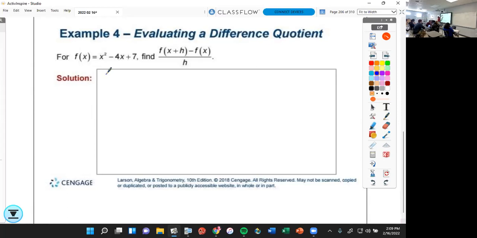I'm going to take the value x plus h and plug it in for x. So this x here becomes x plus h squared minus 4 times x plus h plus 7. Here's where you're going to mess it up. Because you're going to put this minus sign here, and then you're going to write this function down.